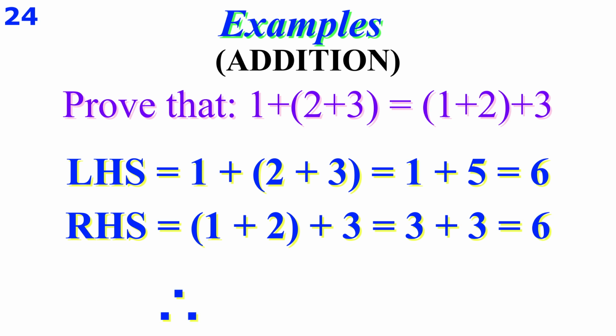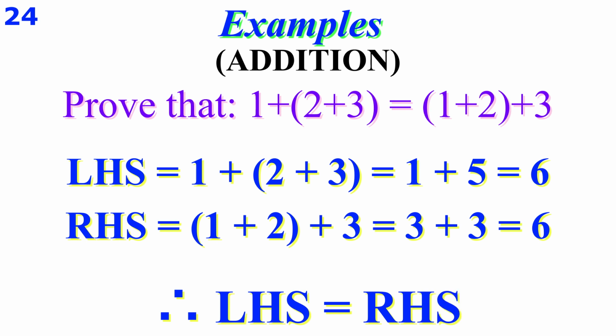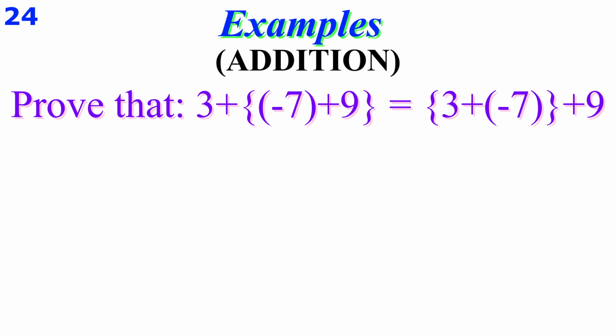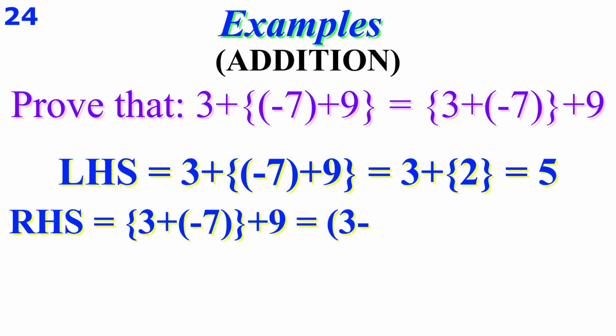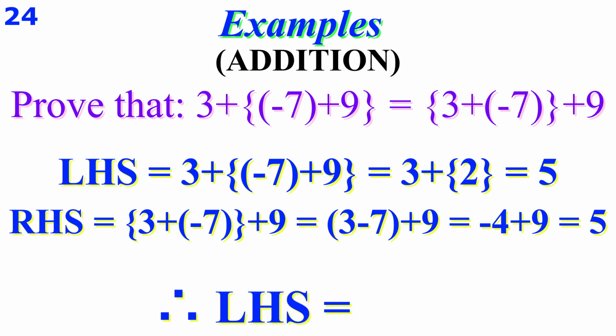Hence, if we compare, we get LHS equal to RHS. Hence, proved. Another example, follow the screen. Taking LHS first, now taking RHS, hence on comparing LHS and RHS are equal. Thus, it is proved.